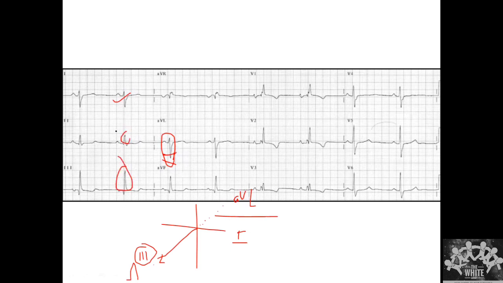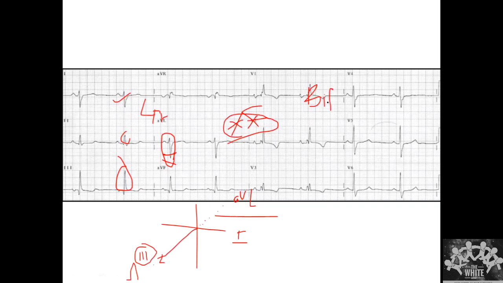So this is a left posterior fascicular block. You have a right bundle branch that is blocked, so the right bundle is gone. Along with that, you have the left posterior fascicle that is gone. So there are two fascicles that are gone. We call this a bifascicular block.